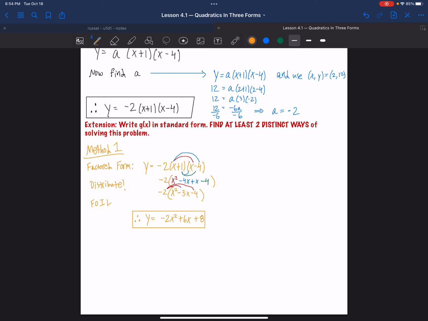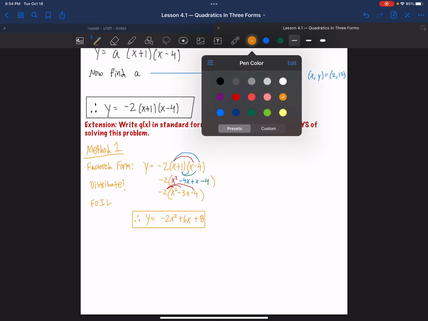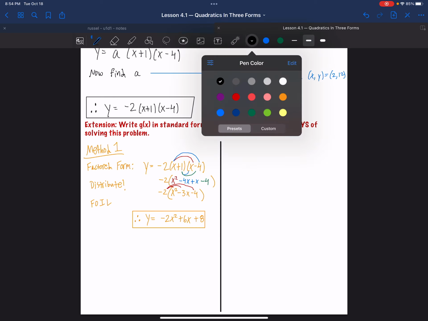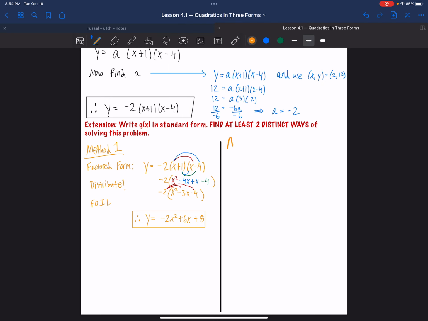Now, the reason I say, why even bother doing this in multiple forms, right? Why even bother doing a second method is if the question didn't tell you to put it in factored form first, you could skip that and use a different method to just get straight to standard form.